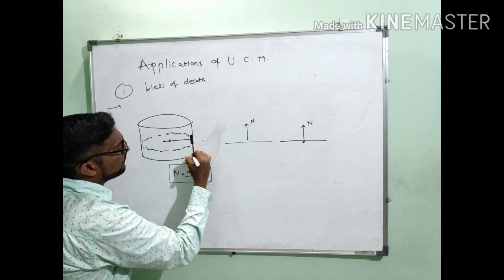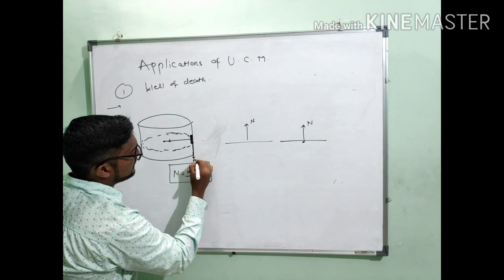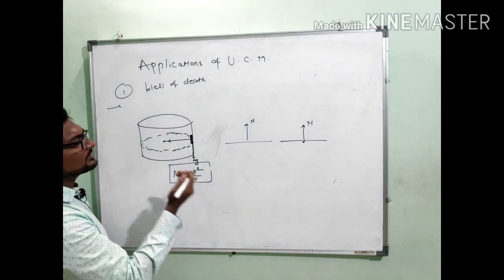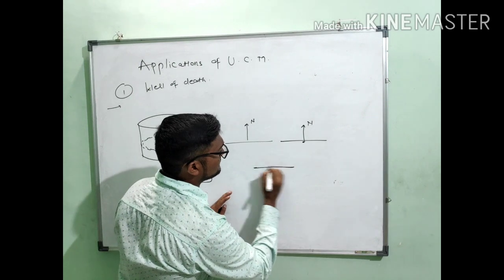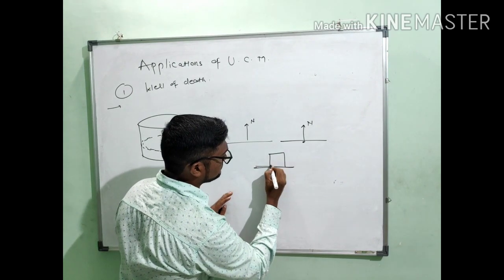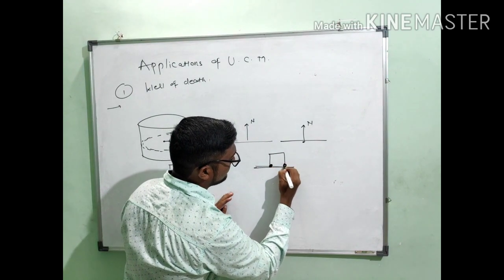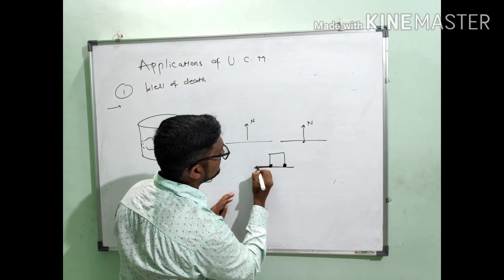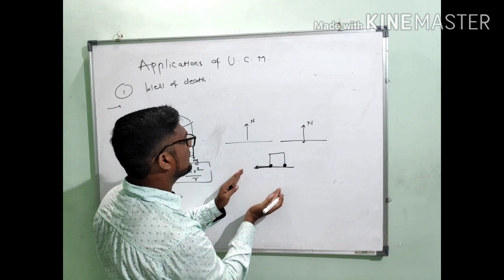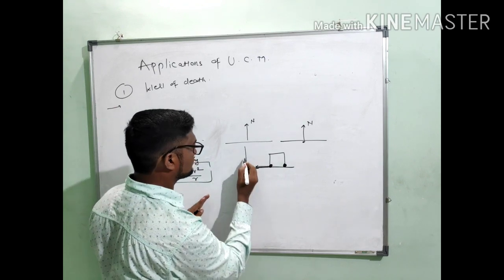Now mg is always downwards. Now where will friction be? In the first example the frictional force was towards the center. Now this car is like this.